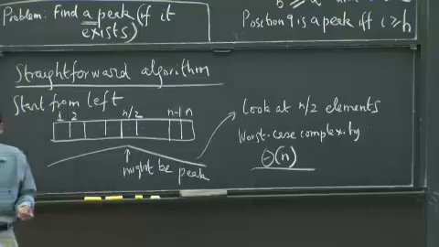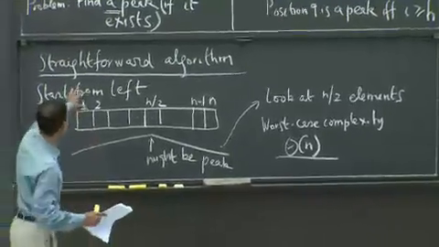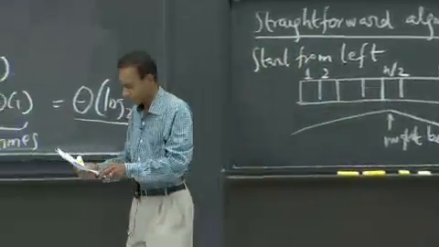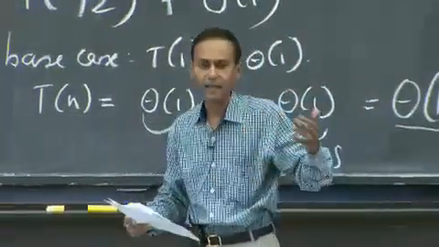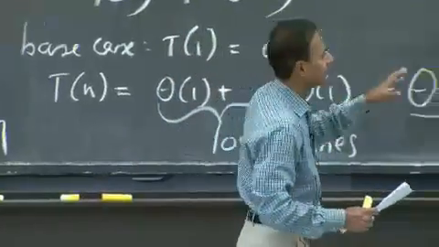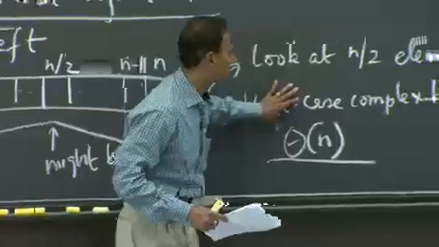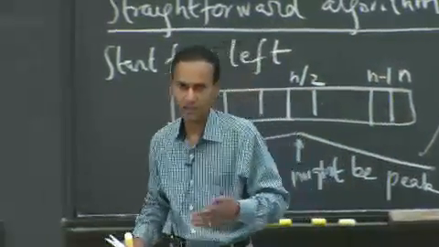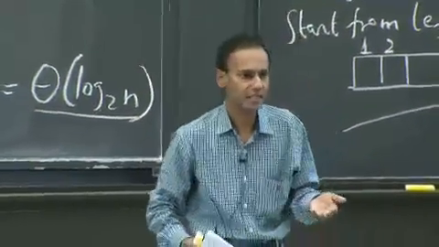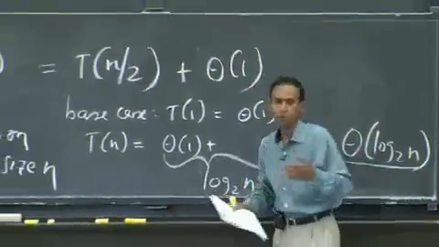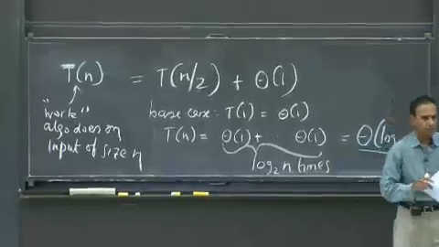If you coded up this algorithm in Python, and I did both these algorithms for the 1D version, and you run it on n being 10 million or so, then the theta n algorithm takes 13 seconds, and this one takes 0.001 seconds.